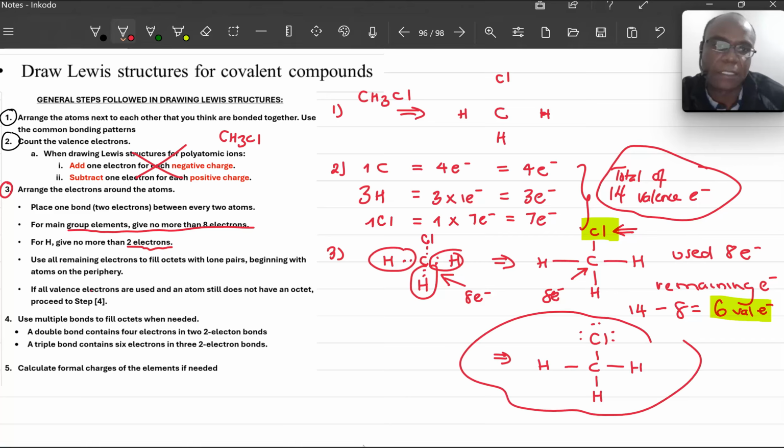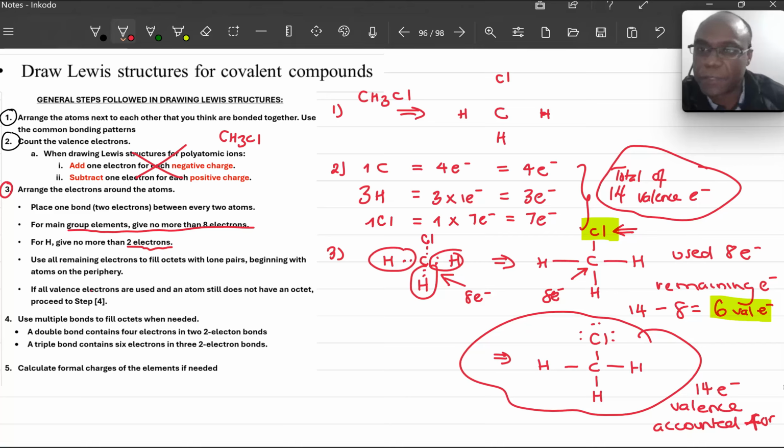And this accounts for all 14 electrons. So the 14 valence electrons are accounted for, and so this means that we are good here.